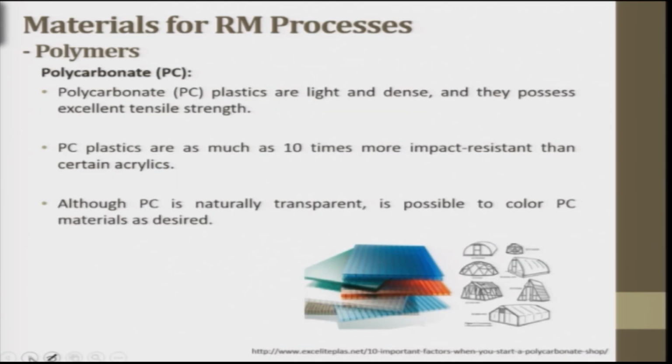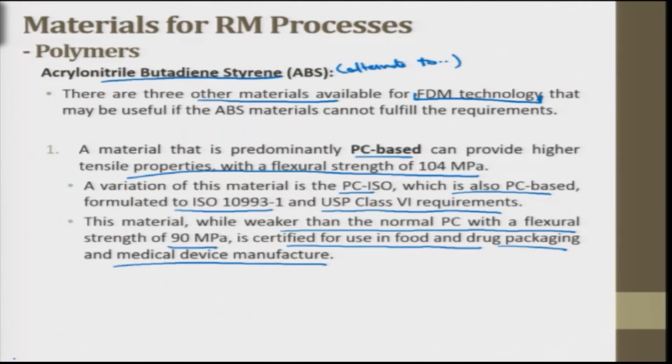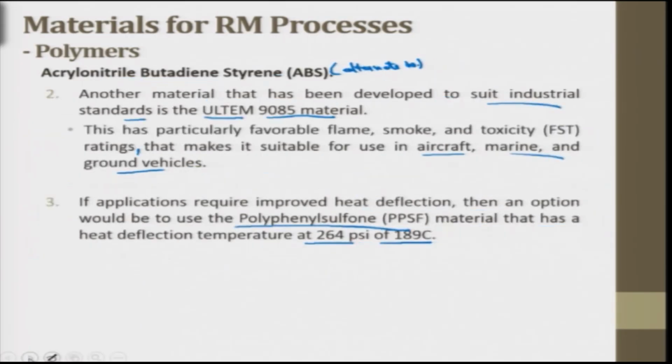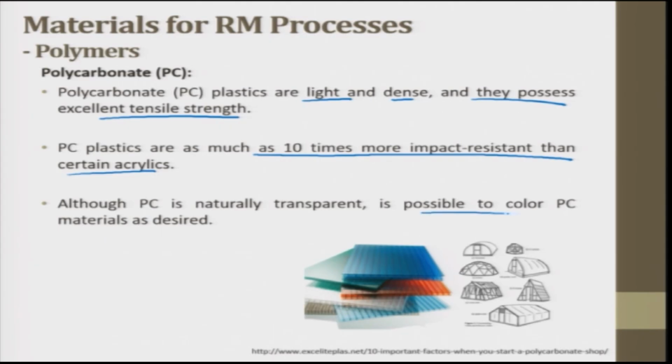Next is polycarbonate. As we have discussed, PC is one of the alternative materials to ABS in FDM. Polycarbonate plastics are light and dense and they possess excellent tensile strength. Polycarbonate plastics are as much as 10 times more impact resistant than certain acrylics. Although PC is naturally transparent, it is possible to color polycarbonate materials as desired.